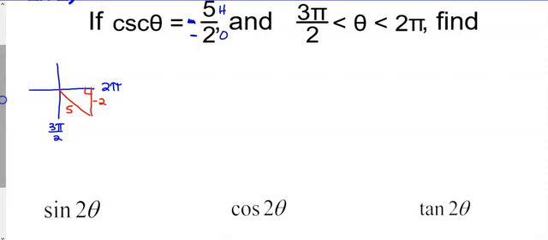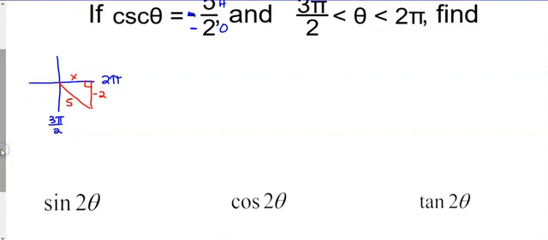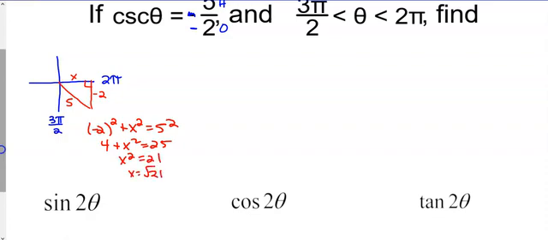Okay. Now our next step is to figure out what this missing side is. So do a little Pythagorean theorem to get there. Negative 2 squared plus x squared equals 5 squared. So we're going to end up with x equals the square root of 21.